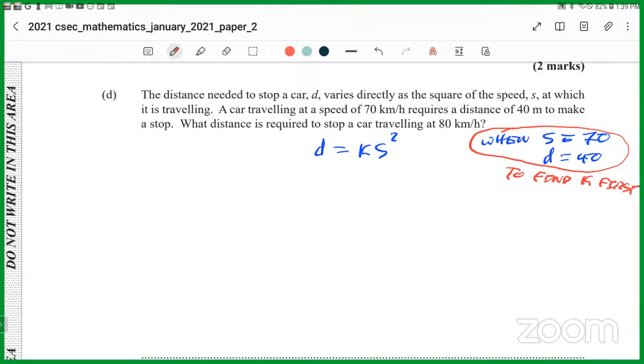Then it says, now what distance is required to stop a car traveling at 80? This is what they're asking us now. They're saying, if S equals 80, what is D?